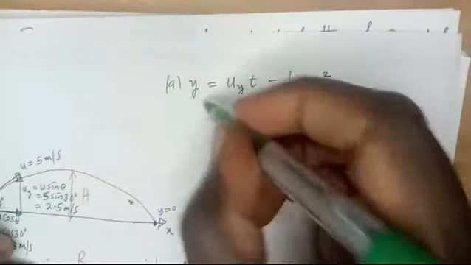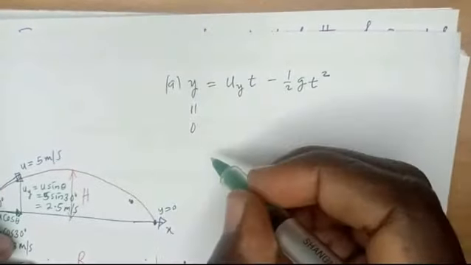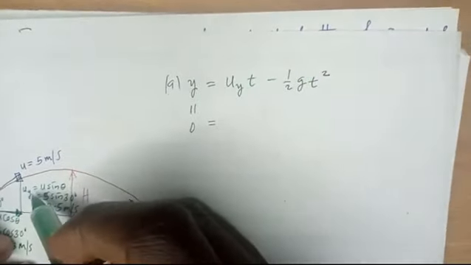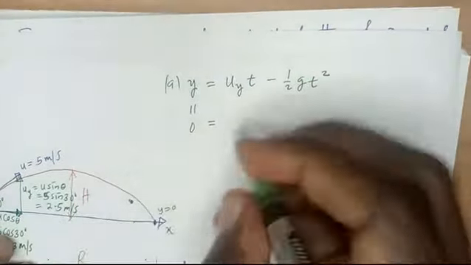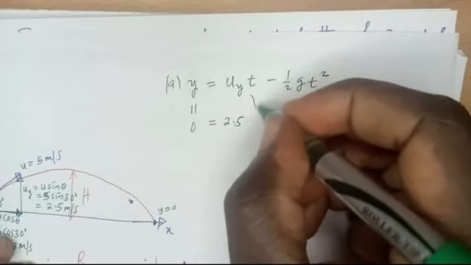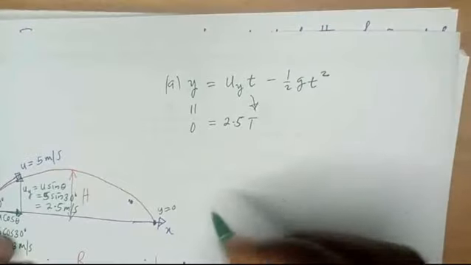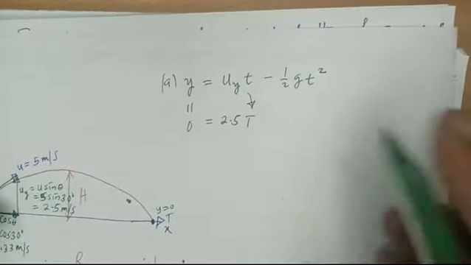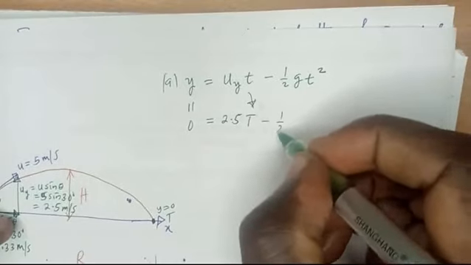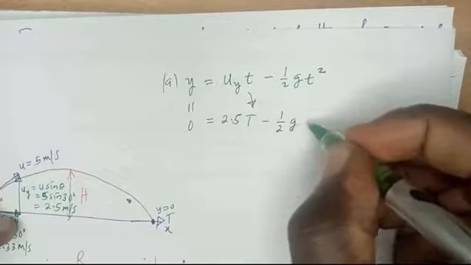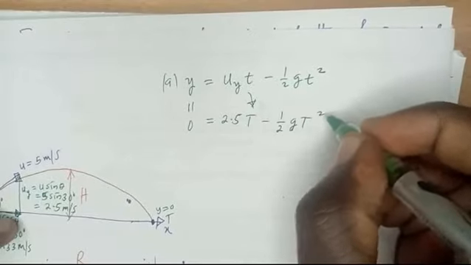So you substitute 0 for y, and your u sub y is 2.5. And then your t becomes the time of flight, capital T, because the journey has ended. Then minus half g, and then capital T squared.